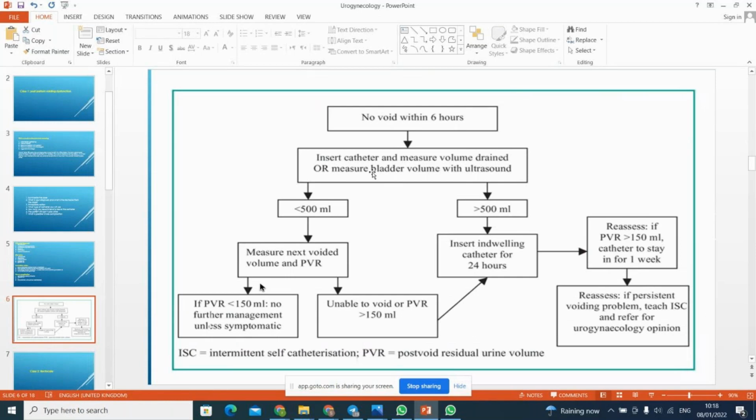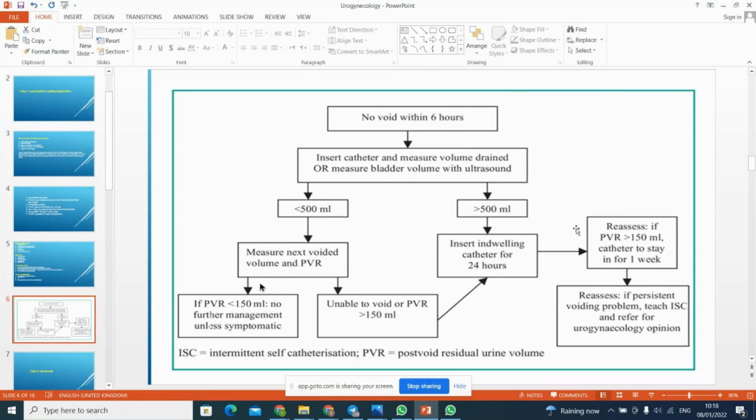It is important, whether by a scan or by the volume you drain, if it is more or less than 500, as you mentioned. If it is less than 500, after voiding you just take the residual volume. If the residual is more than 150 and the volume in general is more than 500, it must be under a catheter for 24 hours.